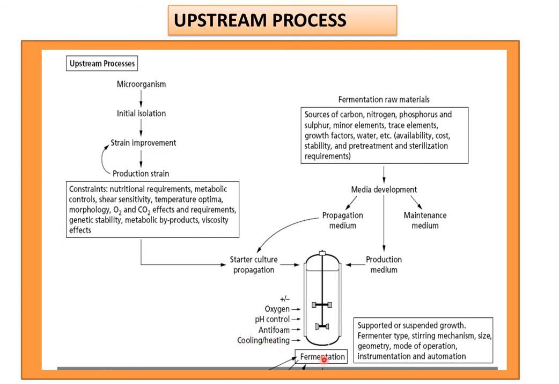Here it is also taken care of the supported or the suspended growth, fermenter type, the stirring mechanisms, site geometry, mode of operation, instrumentation and automation. So these things we are talking about in the form of the bioreactor, the kind of the bioreactor which we are going to use. So these are very important factors.